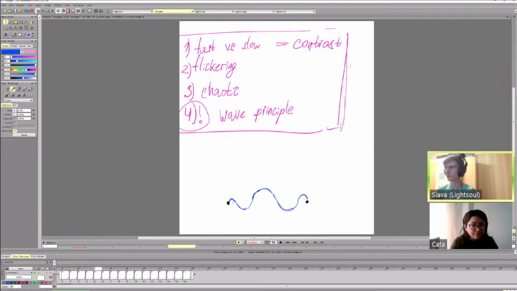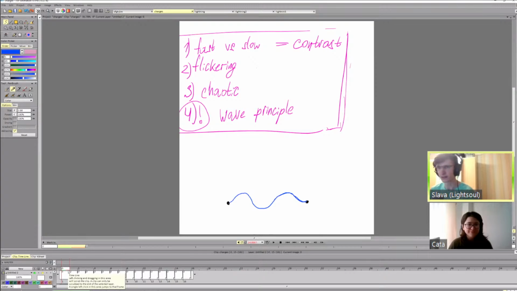So we show 1 drawing and 1 empty cell, 1 drawing, 1 empty cell. And this creates flickering, which will already give us some kind of definition of electricity. It looks kind of broken up in space, and we have some kind of on and off, on and off, on and off. So this already gives us something.